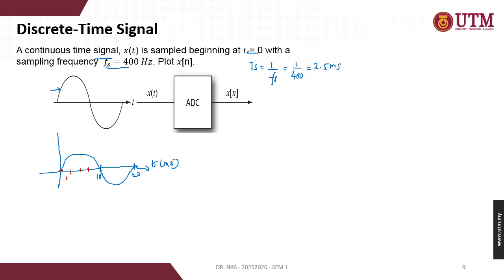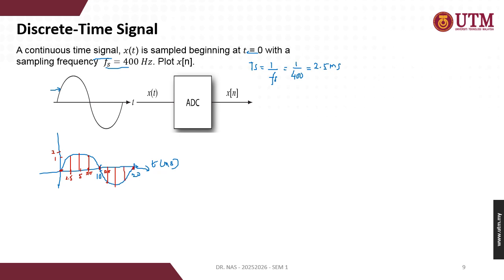At 2.5 you have the next sample, with amplitude here assumed to be 1, and at 5 another 2.5 you get another sample, and next at 7.5 another sample, followed by 12.5, then 15, 17.5, and lastly at 20.